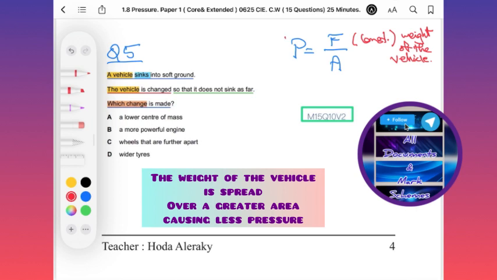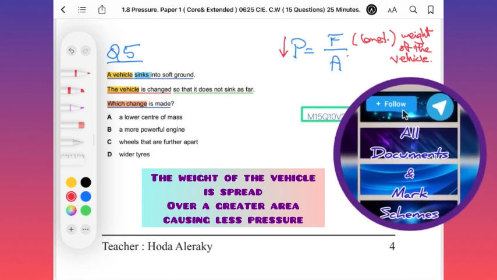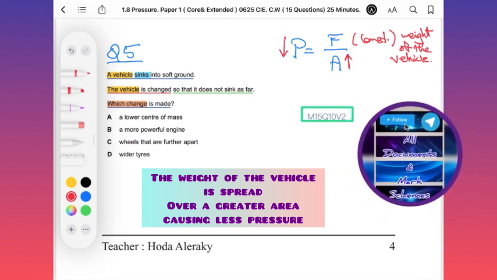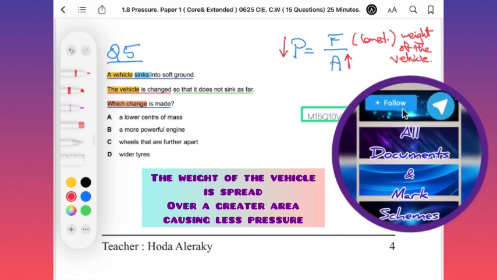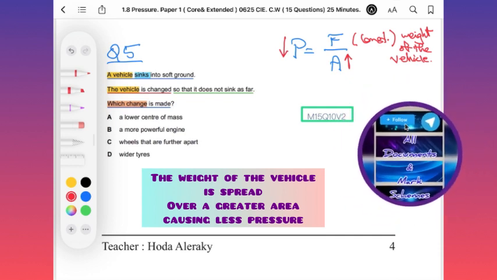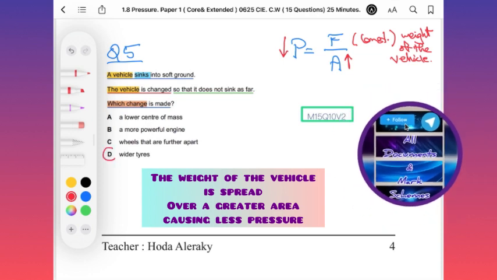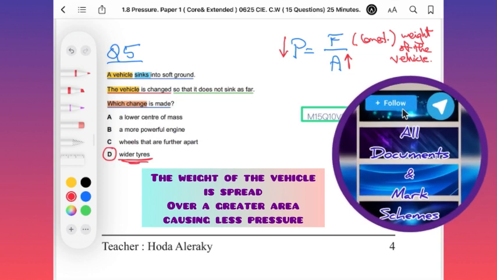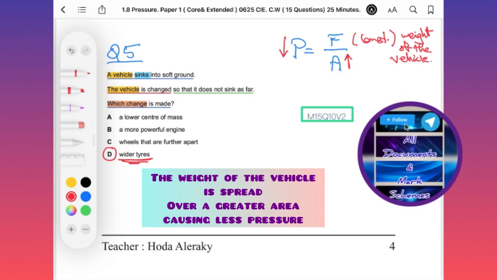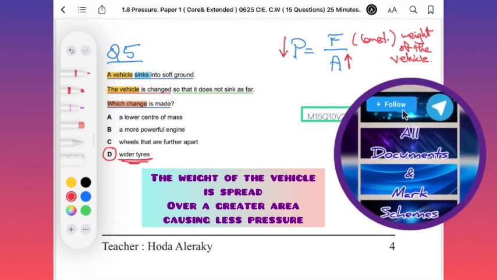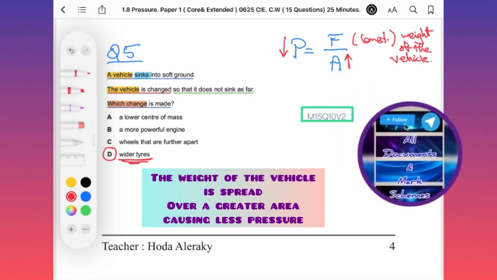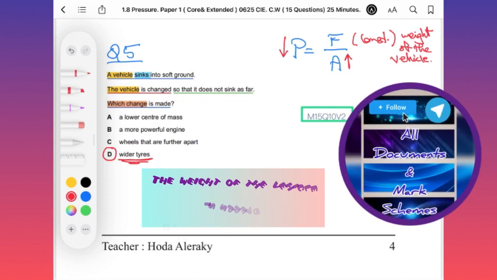So decreasing pressure means increasing base area. Increasing base area means wider tires. We are using wider tires. The correct answer is D, which means the weight of the vehicle is spread over greater area, causing less pressure.